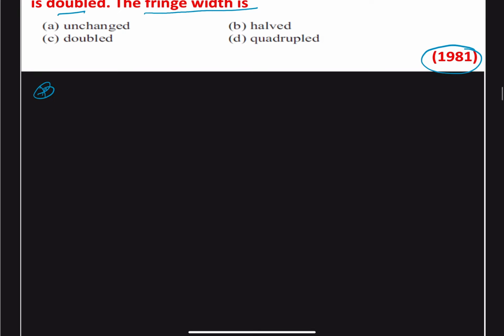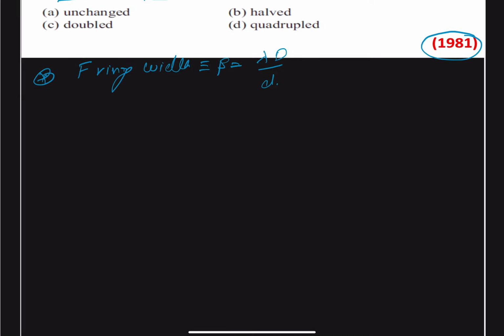So we can write our fringe width, that is our beta, is equal to lambda capital D by small d. And we can draw an approximate diagram for that also. So this is our first slit, and this is second slit, and this is our screen.